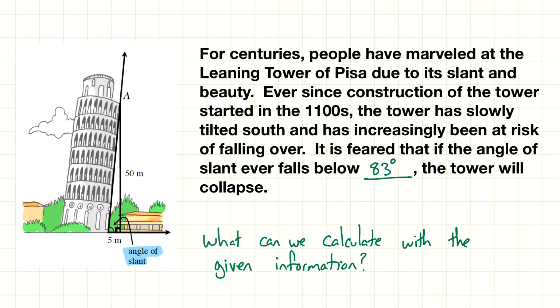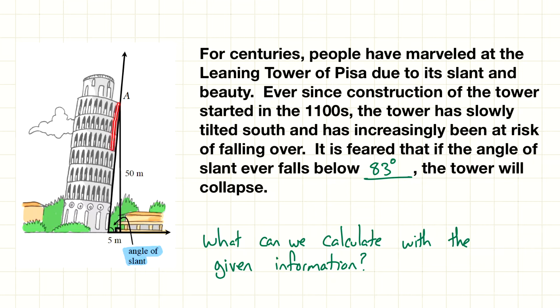So what can we calculate with the given information? So I'll tell you a couple things. One, this has come up before on a similar problem where we deal with right triangles. If we have a right triangle and we know two of the sides, then we could figure out the missing side.